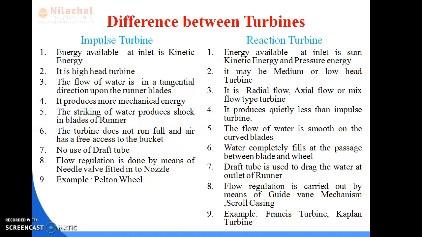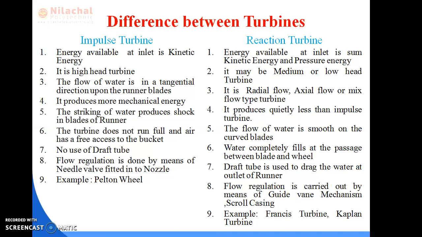Next point. Due to the high velocity of water striking the blade in the jet, shocks may be produced in the blade. But due to the use of guide vanes, the flow of water becomes smooth while it moves over the blades. In case of an impulse turbine, we do not use any type of draft tube.